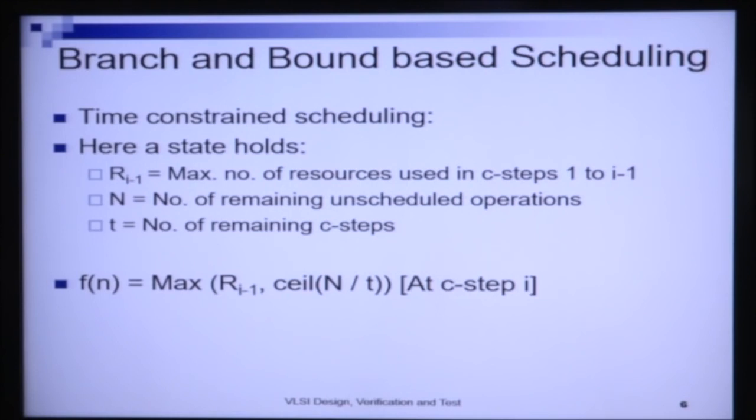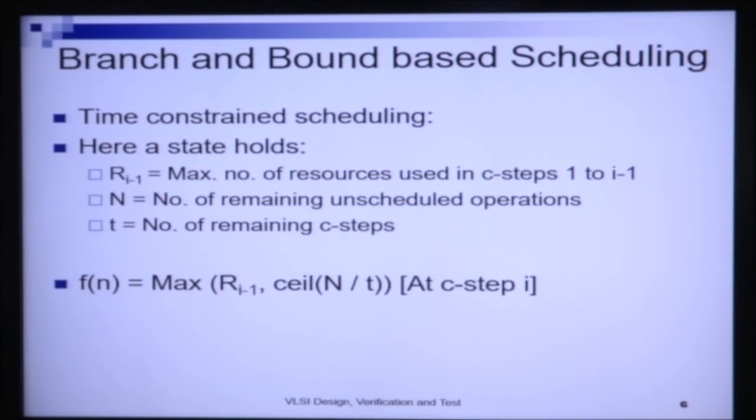So ceil n by t, what does it give me? n is the remaining number of operations, t is the remaining number of time steps. So n by t is the minimum number of resources that I may need at any time step, given that there are no dependency constraints.